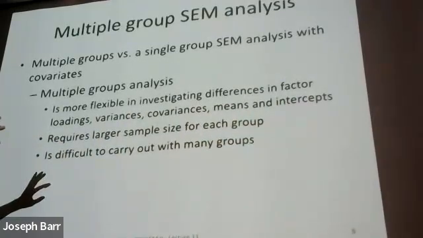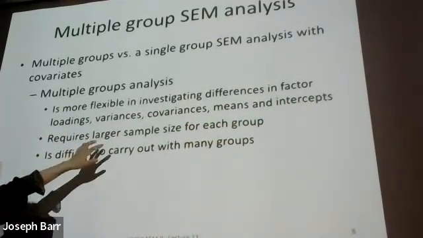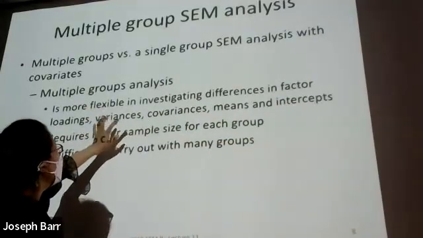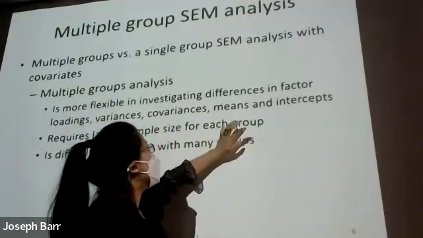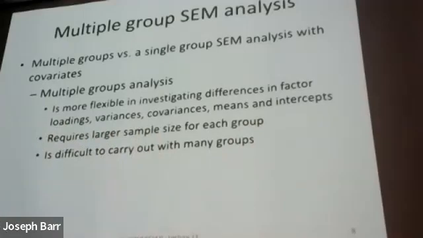But if you just add a covariate with that grouping variable, the model cannot investigate the variance, covariance, or other components. Let me see, factor loading, is that possible or not? Maybe mean and the intercepts are definitely possible. But it depends on the component of the covariate. So multiple group analysis is more flexible. You can do all of this comparison.